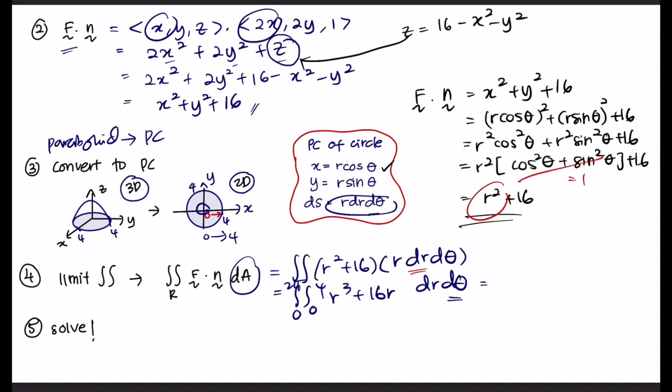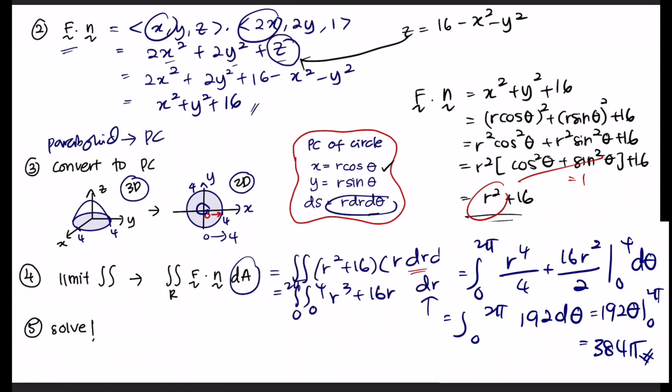Then integrate. We integrate with respect to r first, and after that you integrate with respect to theta. The final answer will be 384 pi.